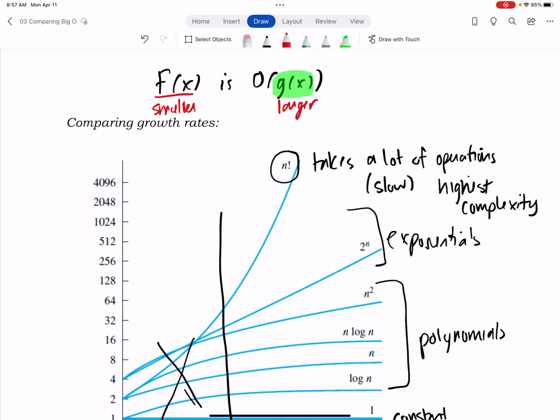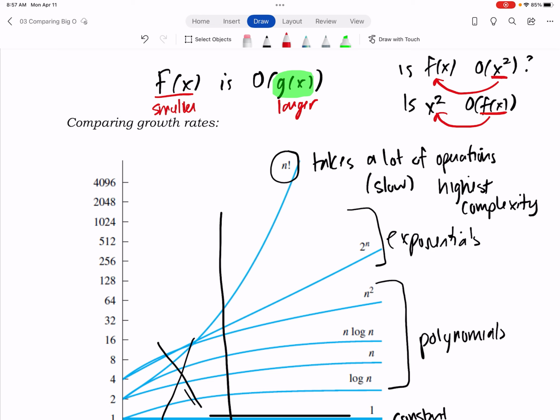When you're doing the problems that ask whether f of x is O of x squared, then you want x squared to be at least as big as f of x. If it says is x squared O of f of x, then you want f of x to be bigger than x squared. So the one inside the big O is the bigger function.